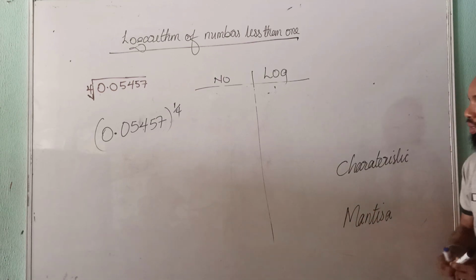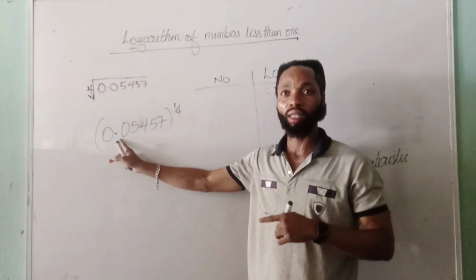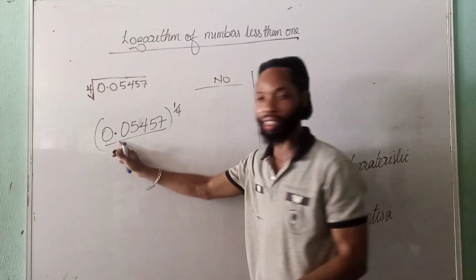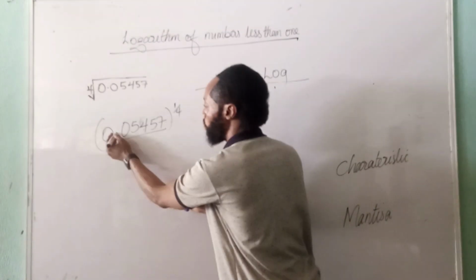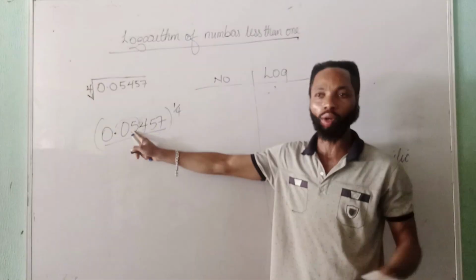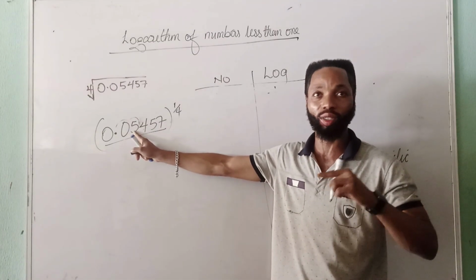Now, let's look at that. The first thing we'll do is convert this to a standard form, this entry. We're only solving here first. Converting this to a standard form, we're moving 1, 2. This is the first significant figure. So we're going to take our point to the first significant figure. That is what we always mean by converting to standard form.